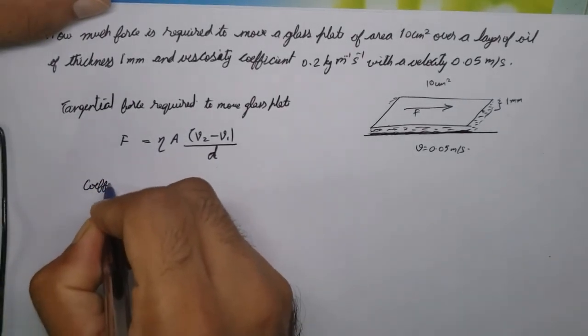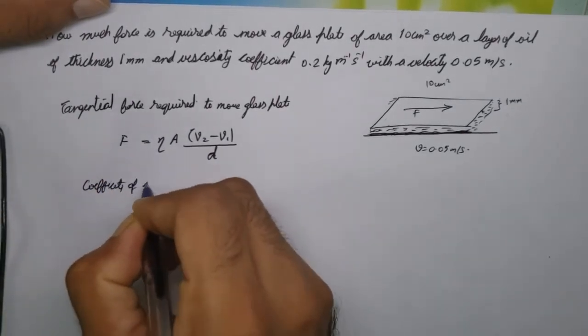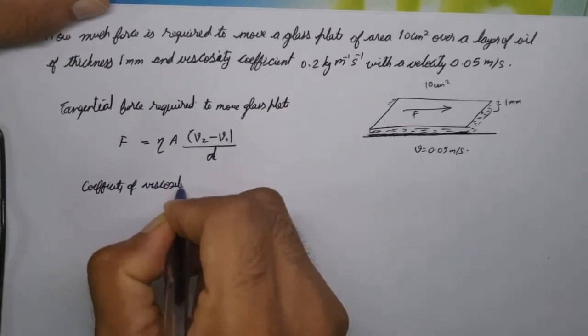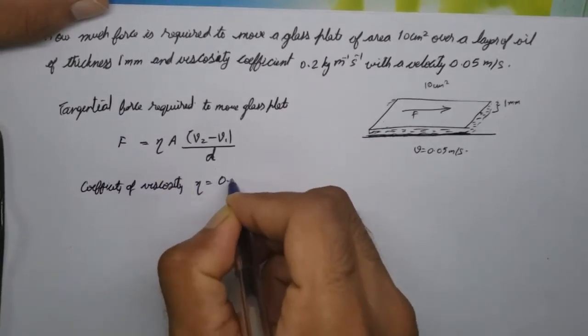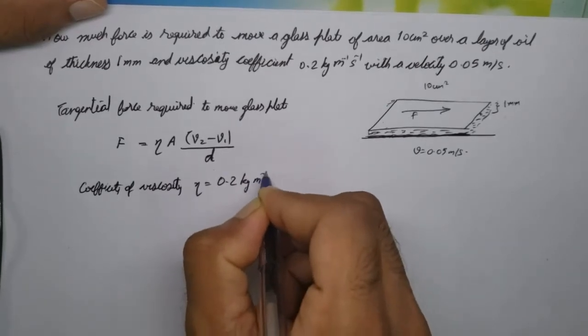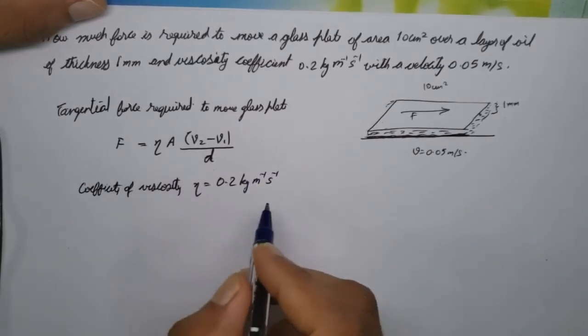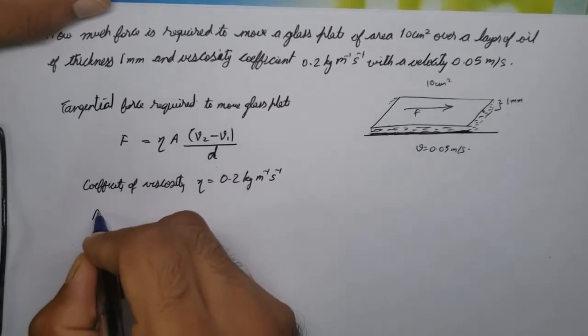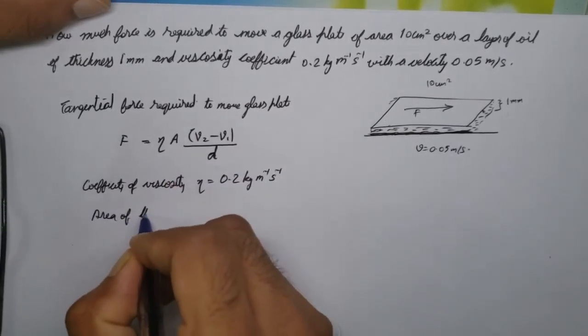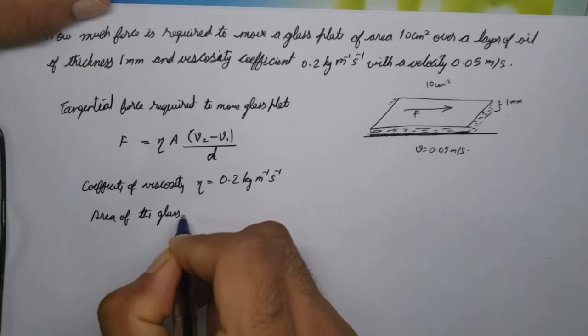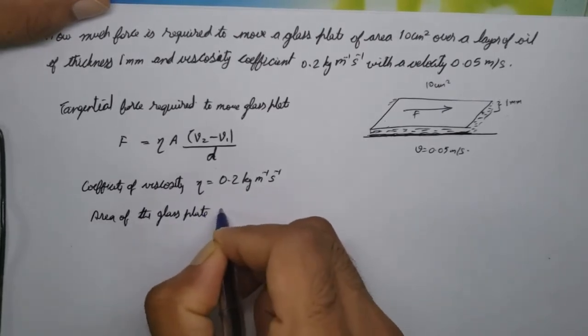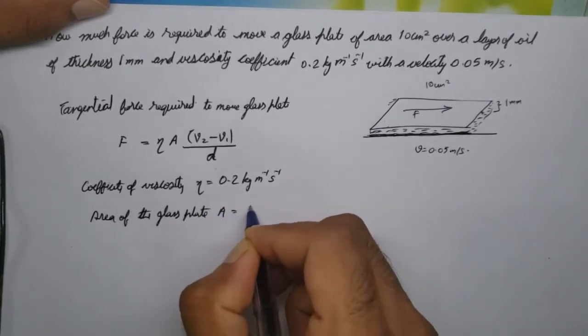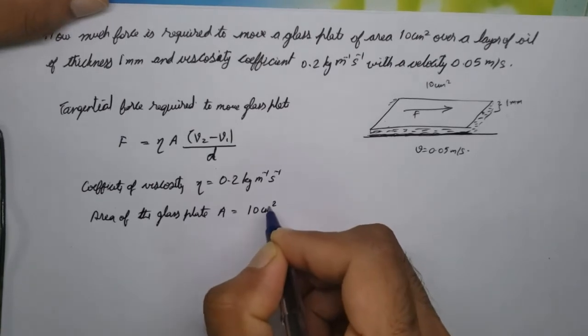Here the coefficient of viscosity eta is equal to 0.2 kilogram per meter per second. The area of the glass plate A is equal to 10 centimeter square.